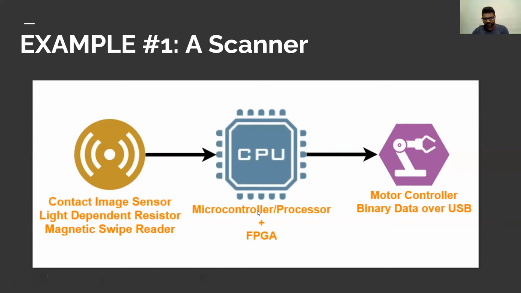Some use microcontrollers, whereas some use microprocessors. So we had several classes of devices. Some use FPGAs with microcontrollers, some use FPGAs with microprocessors in order to transfer that image data into a PC or to a website.